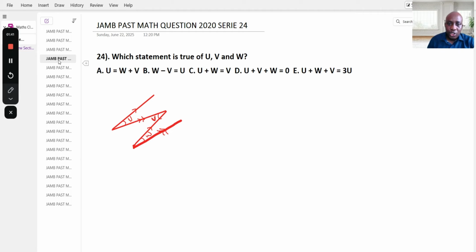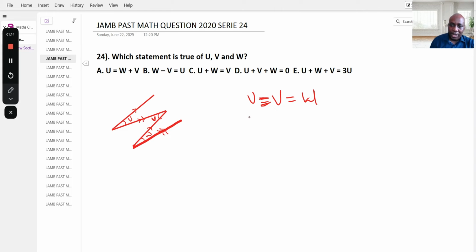Which statement is true of U, V, and W? If we look at it, U equals V, and V also equals W, isn't it? They are the same thing because of the symbol drawn on those lines. Therefore, we have these as equal.